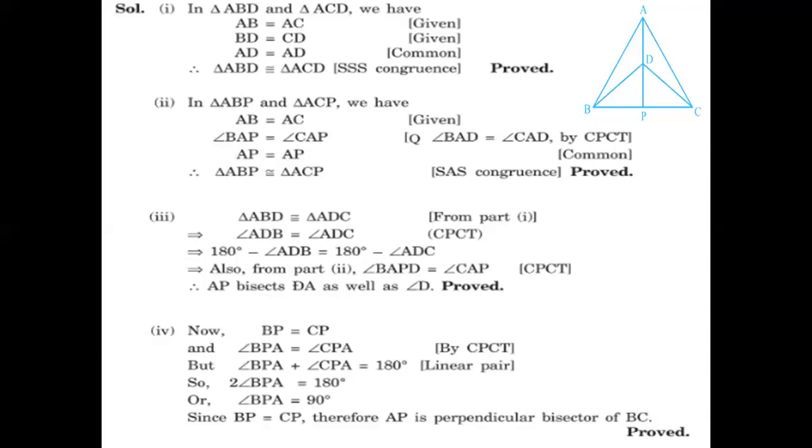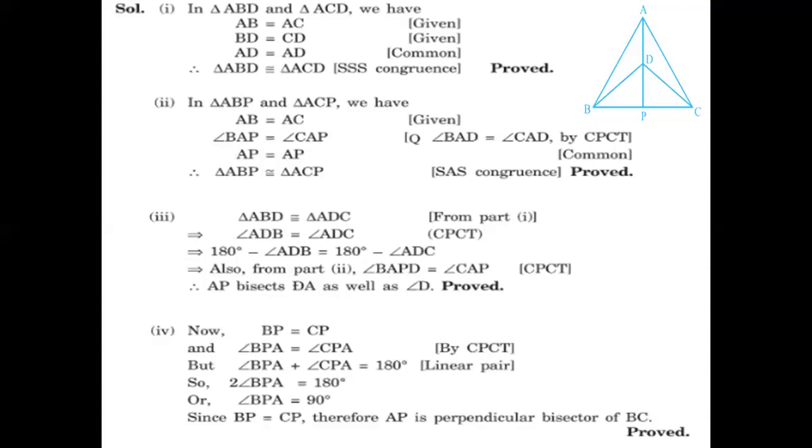Now, at the same time, if I add angle BPA and angle CPA, the answer should be 180 degrees. That is, angle BPA plus angle CPA should be equal to 180 degrees. Why? Because they form a linear pair of angles. But at the same time, they are equal. So instead of writing angle BPA plus angle CPA, we can directly write 2 angle BPA is equal to 180 degrees. So the 2 goes to the other side, becomes 180 divided by 2.